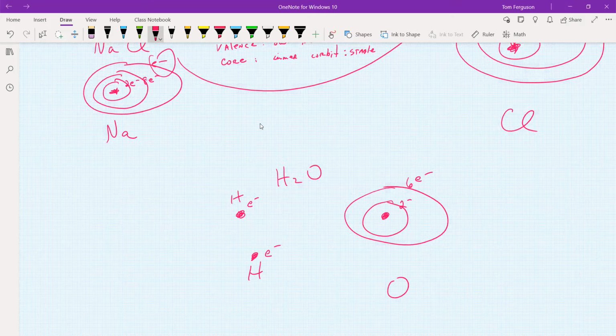So what a covalent bond is, instead of transferring electrons, we're going to share electrons to achieve 8. So what's going to happen is, let me rewrite the 6. It's different here.